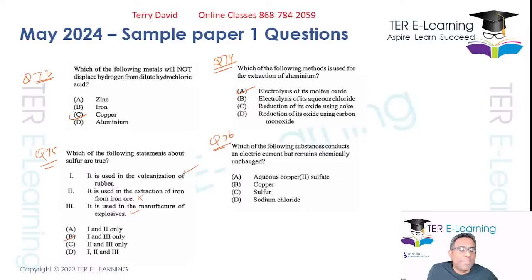Right? Cryolite is for extraction of aluminium. Right? So 76. The majority of you all saying the answer is B. Yeah, I agree the answer is B. They said which one will conduct. Aqueous copper 2 sulfate will conduct, but it's going to decompose, right, because of electrolysis, so A is out. Copper is a conductor, but it's not going to decompose during electrolysis, right?